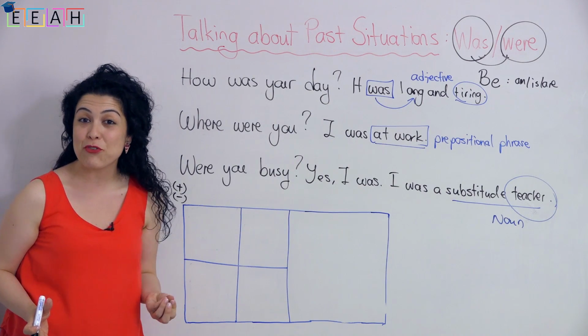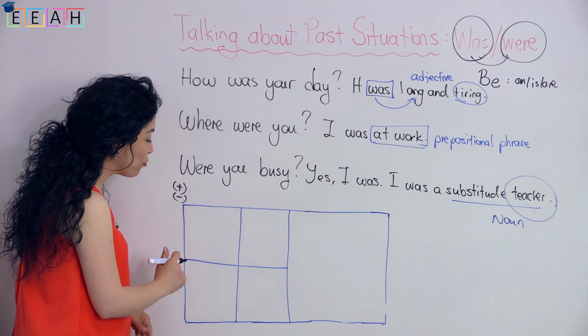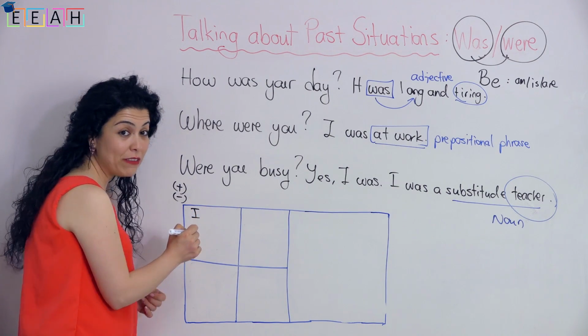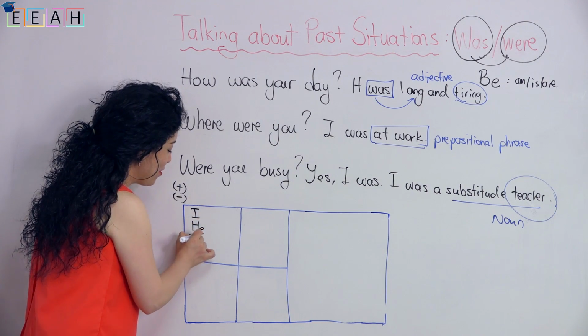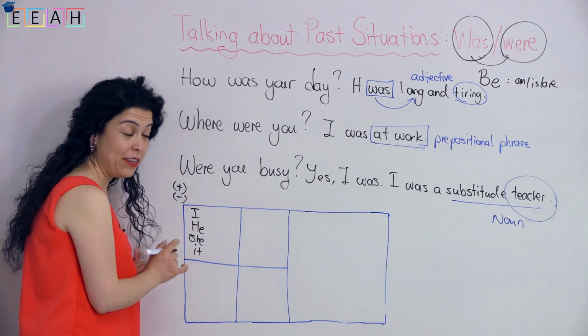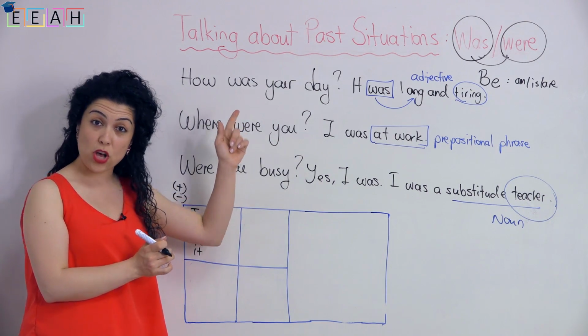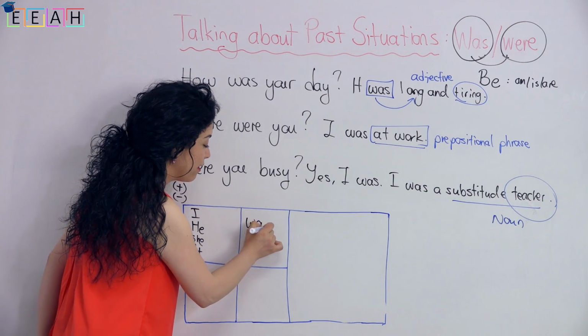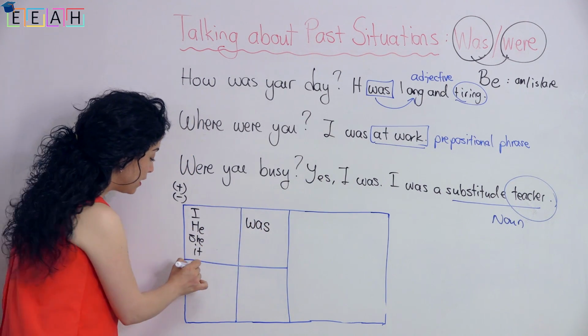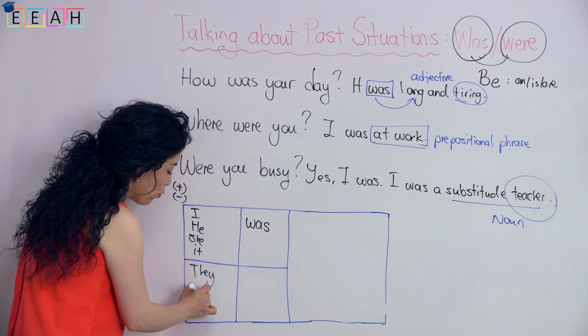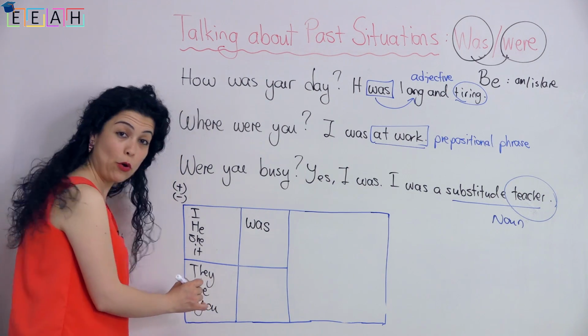You start with the subject. So let's divide it into two groups. We have singular ones, I, he, she, it. The singular ones go with was all the time, okay? Plural ones, they, we, or you, go with were.